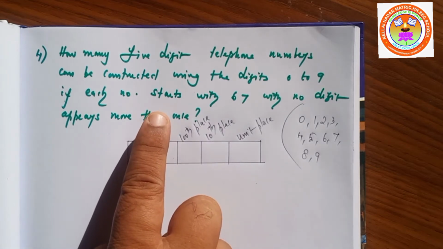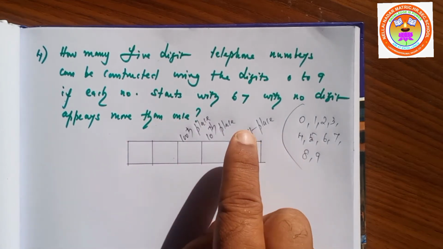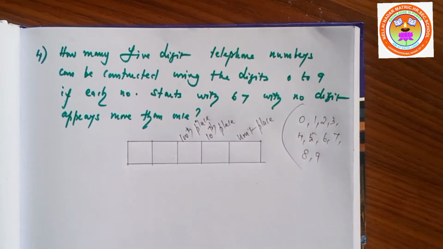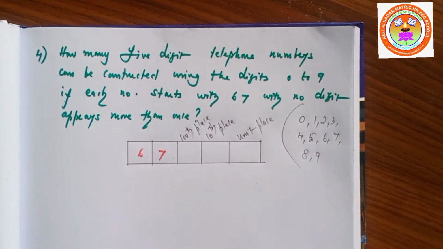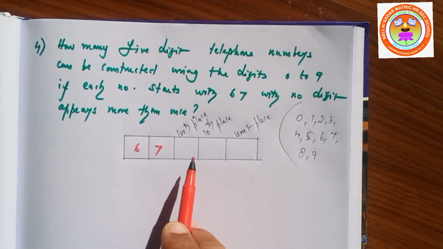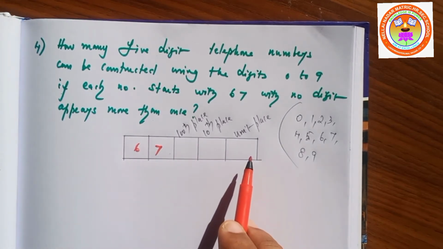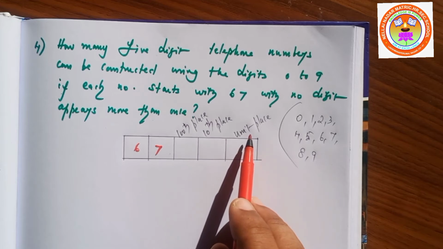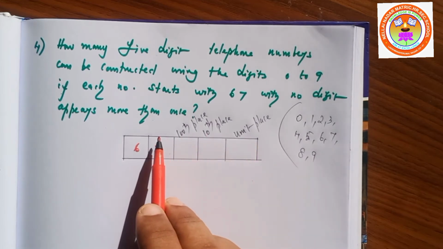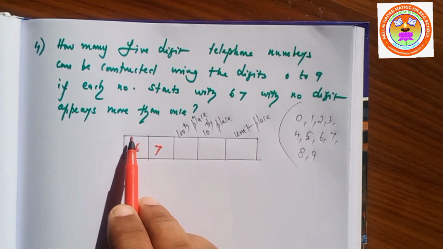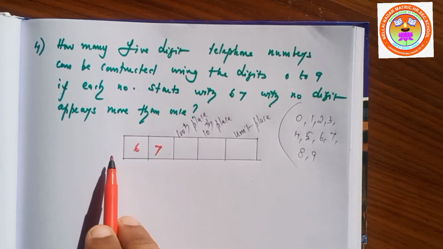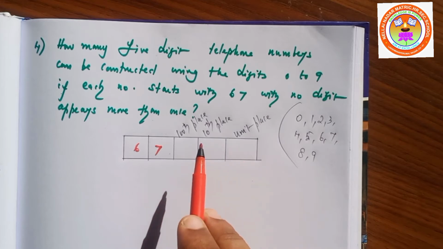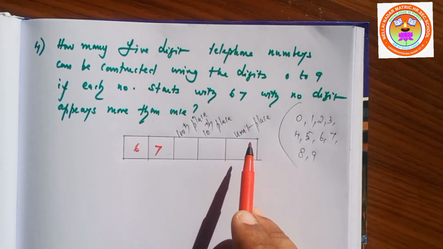Each and every 5 digit telephone number starts with 67, given. So 6 and 7, that is fixed. After that we have totally 5 places: the unit place, 10th place, 100th place, 1000th place and 10,000th place. The 10,000th place is 6 and the 1000th place is 7. That's fixed. So we need the digits for the 100th place, 10th place and unit place.